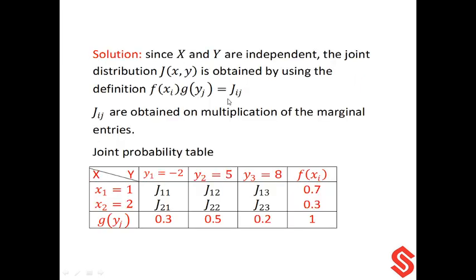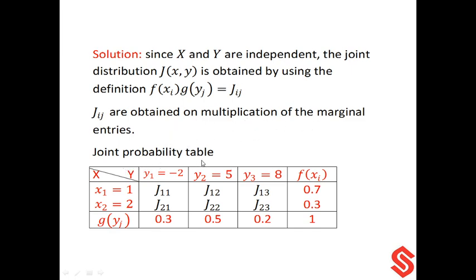Solution. Since x and y are independent, the joint distribution of xy is obtained by using the definition f of xi into g of yj is equal to jij. So jij are obtained on multiplication of the marginal entries.